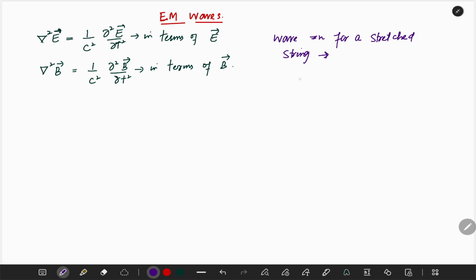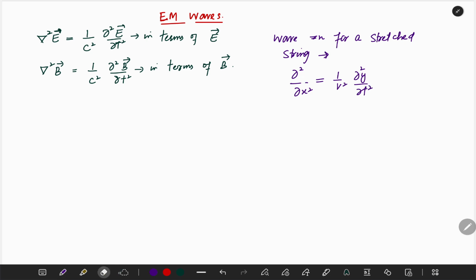Because that's elementary physics, we know this thing: dou square y by dou x square equals 1 over v square dou square y by dou t square.